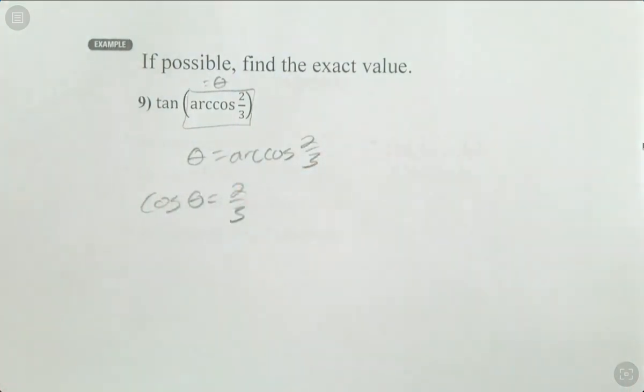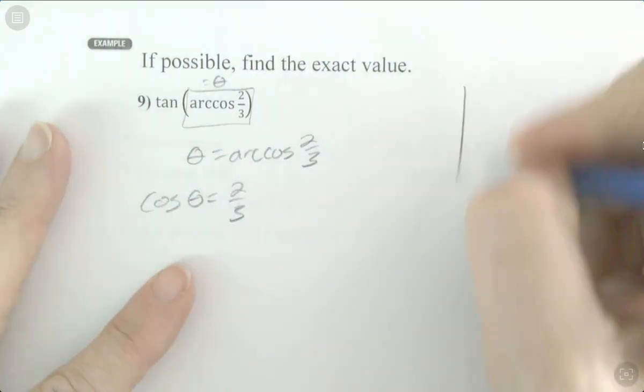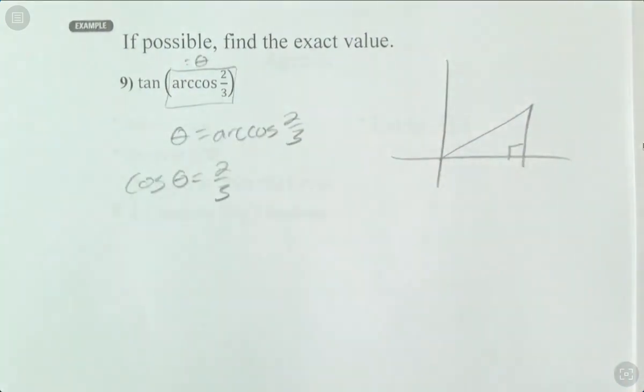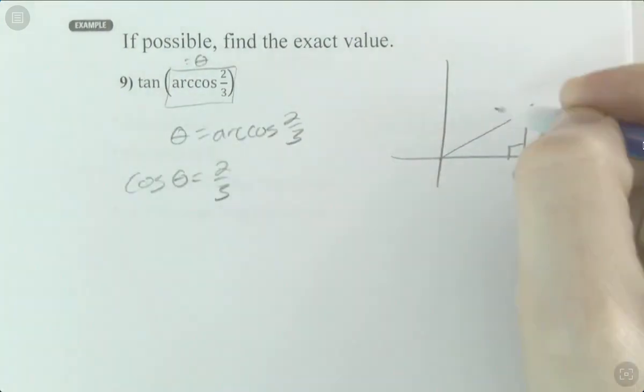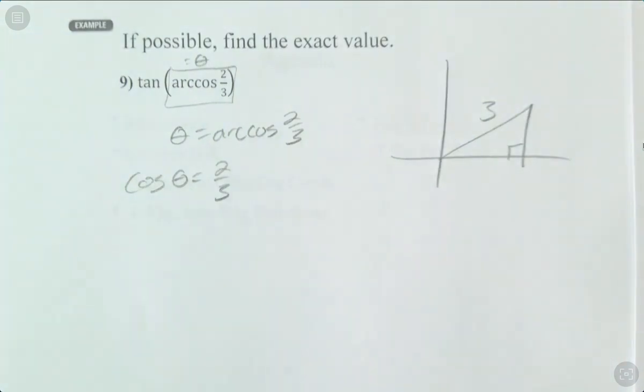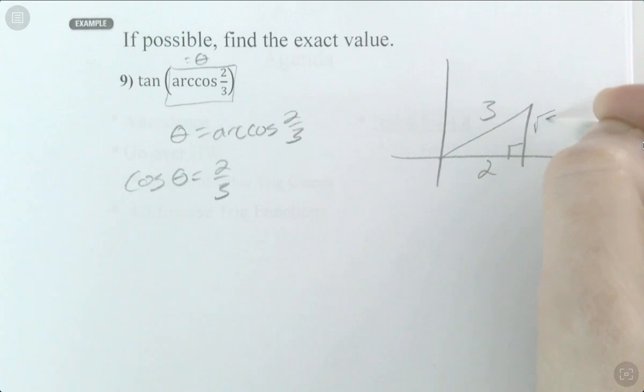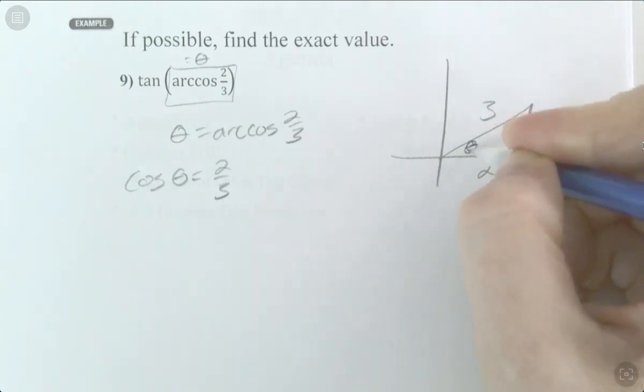So let's draw a triangle and label it so that the cosine would be 2/3. It's positive 2/3, so we can be in quadrant 1. How can we label the triangle so the cosine would be 2/3? Hypotenuse is 3, adjacent is 2, and the other leg is the square root of 5. Remember, that would be your theta right there by the origin.